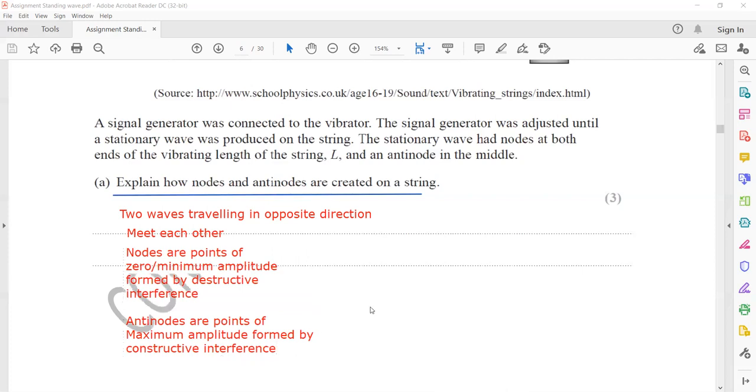So this is basically what happened about the formation of a standing wave in a string.